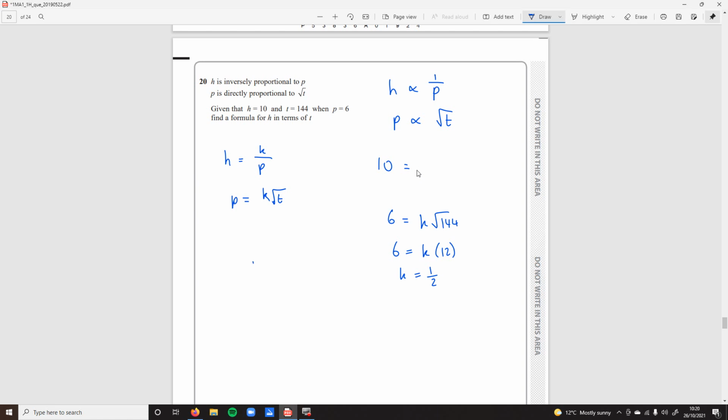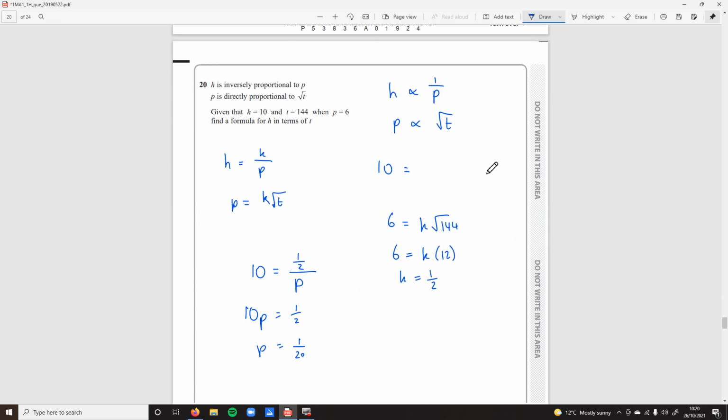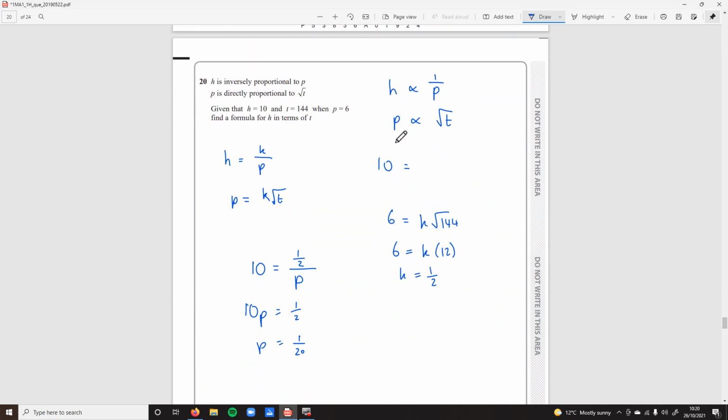Okay, K is a half. H equals K over P. So 10P equals a half, P equals 1/20th. Wait, no. Oh, bloody hell.